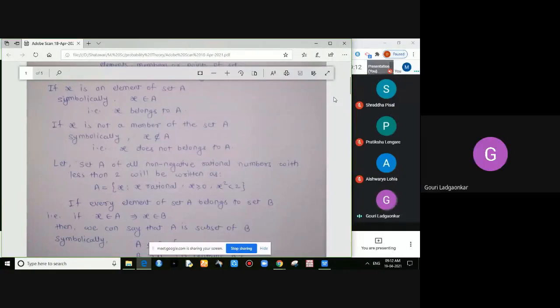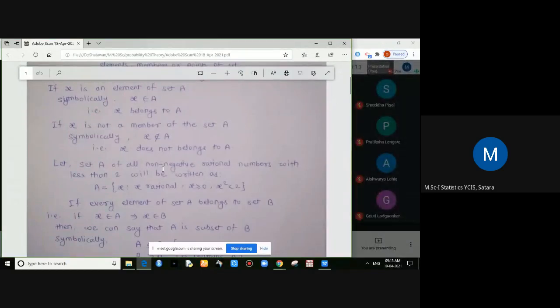A rational number is any number that can be expressed as a ratio of two integers. Okay, the ratio of two integers. Here, the example is what? The set A is the collection of objects such that these numbers are rational numbers. Again, these are greater than or equal to 0, and the square of such a rational number is strictly less than 2.